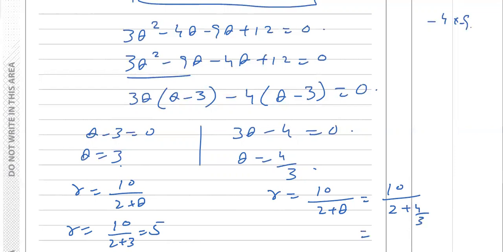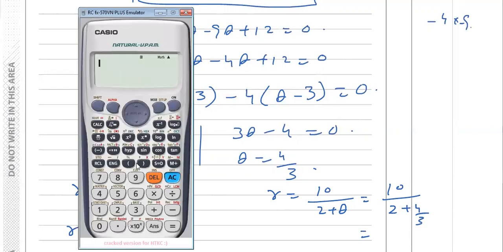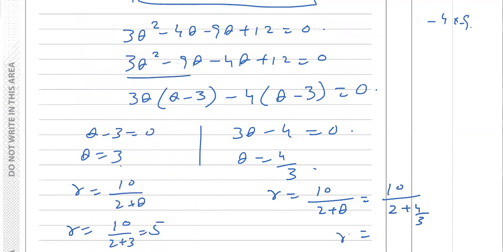Let's calculate that one. Better use a calculator, it will save your time, and you always have limited time in exams. So 2 plus 4 over 3 makes 10 over 3, so the value of r in that case would be equal to 3. So that is the end of question number 10.